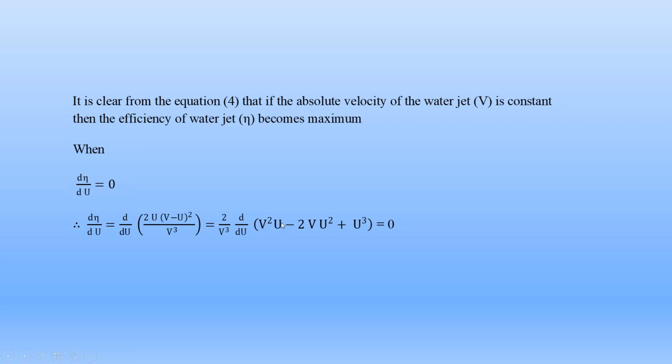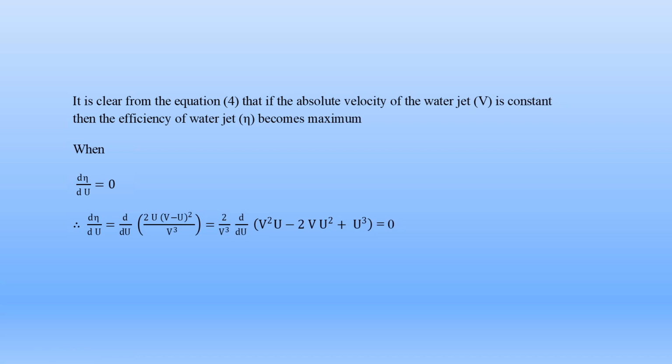So the first term is only v square. Second term, minus 2 into v constant, so d by du of u square is 2u. Then the third term, plus d by du of u cube, which is 3u square.